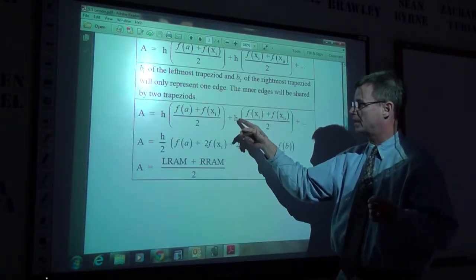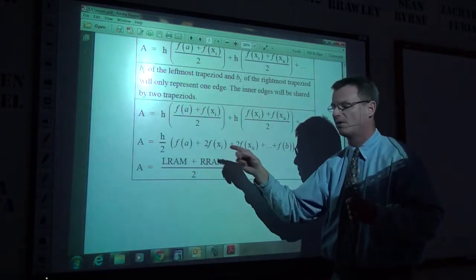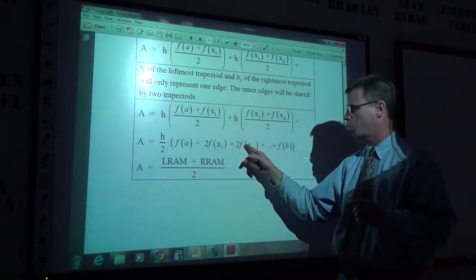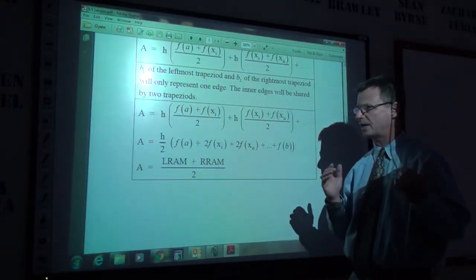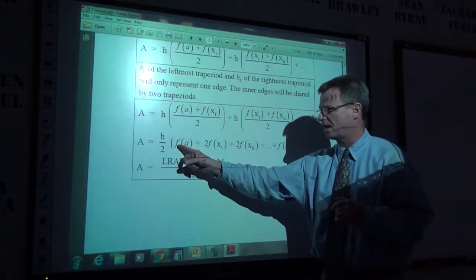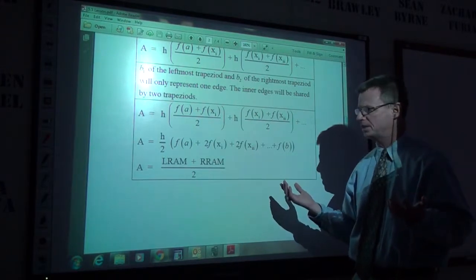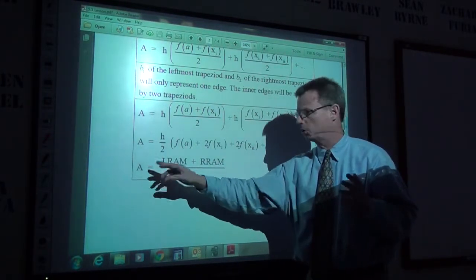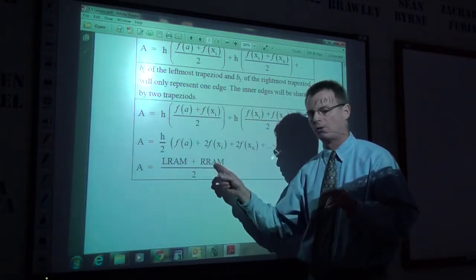So after I factor the 1/2 out, I combine my like terms, I'm going to count all of the inner edges, which are shared by two trapezoids. I'm going to count them twice. The only edges that can't count twice are the leftmost endpoint and the rightmost endpoint. And you're going to see that the trapezoidal approximation is going to exactly correspond to the average of the LRAM and RRAM from section 5.1.